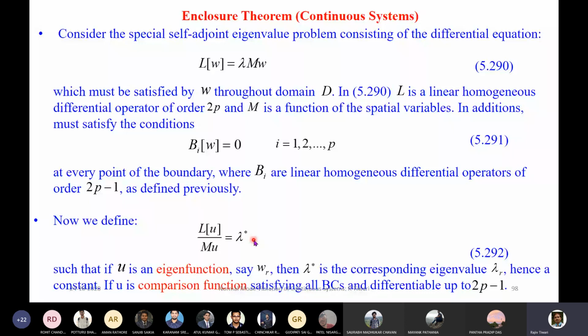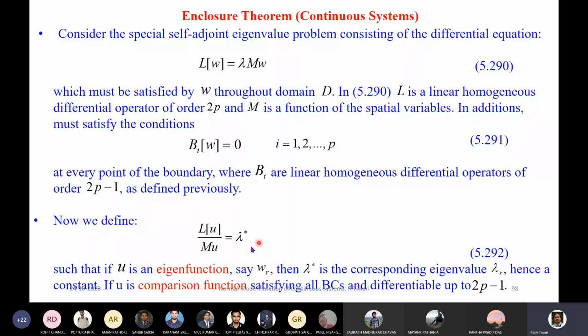So instead of W, which is the eigenfunction, I'm representing it as U. W is the eigenfunction which we have derived for two cases. If we put U as the eigenfunction corresponding to one of the natural frequencies, the ratio will give me that particular natural frequency or eigenvalue.